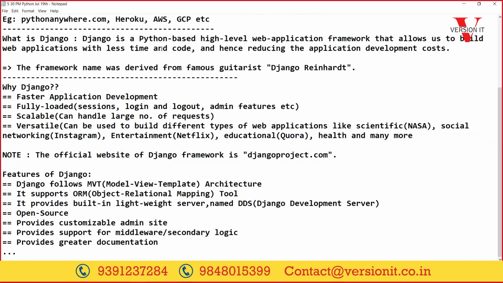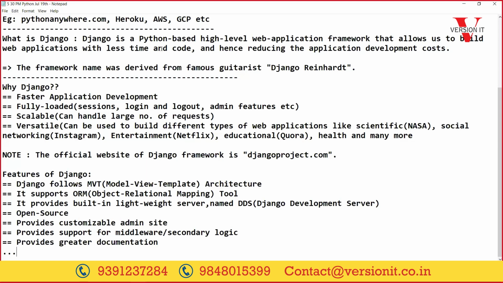So Django is one of the most popular frameworks provided by Python to build web applications for computers and mobile devices. What is Django? We can describe it like this.